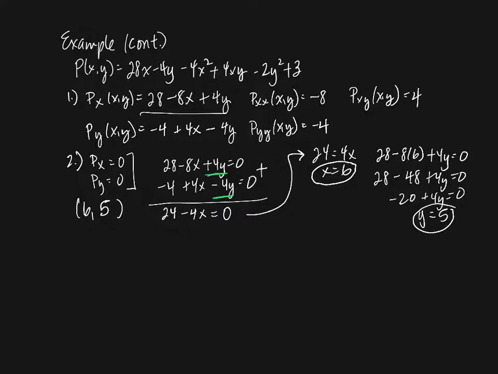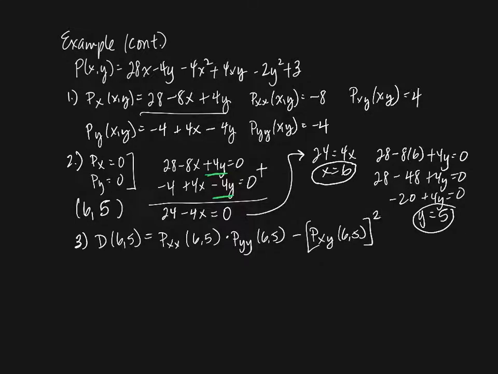Right? Now, just like before, you can't just assume this is a maximum. You have to prove that this provides a maximum. So that means we need to find D of 6 comma 5, which means second partial at 6 comma 5 times the other second partial at 6 comma 5 minus the mixed partial at 6 comma 5 squared.